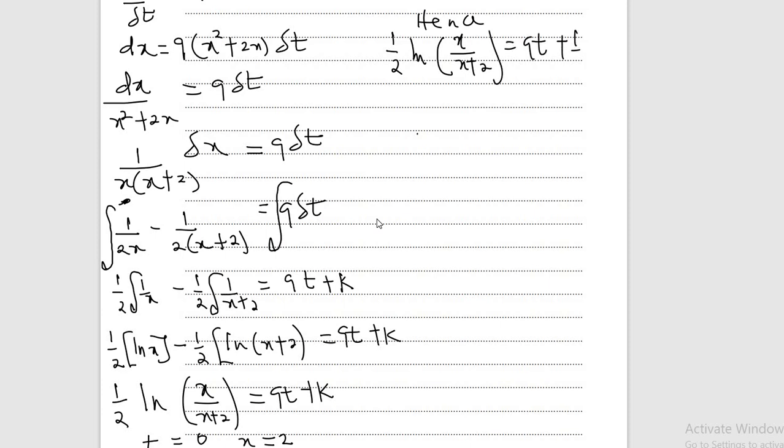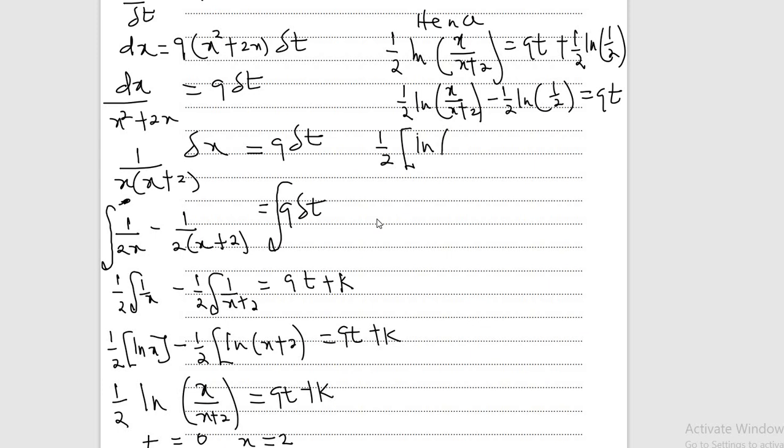The k is half ln half, so half ln of x over x plus 2 minus half ln half equal to 9t. Half is common, so bring it out: ln of x over x plus 2 minus ln half equal to 9t over half.